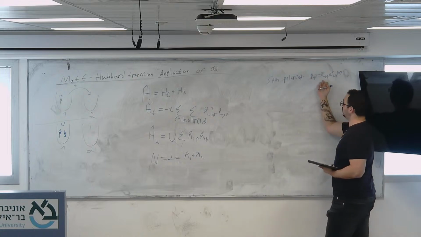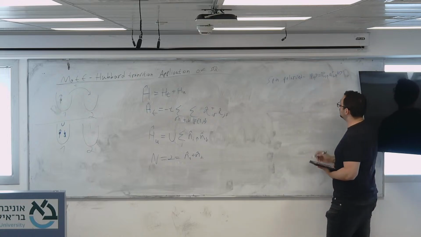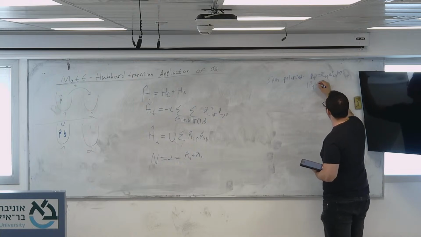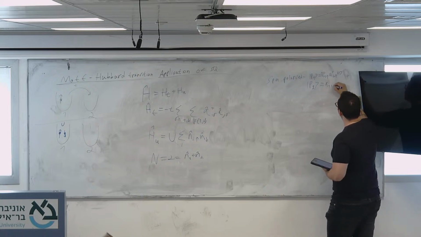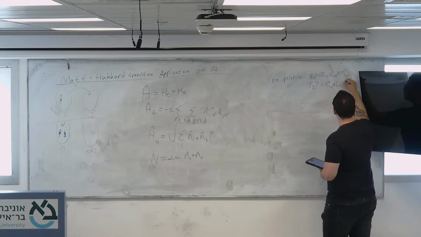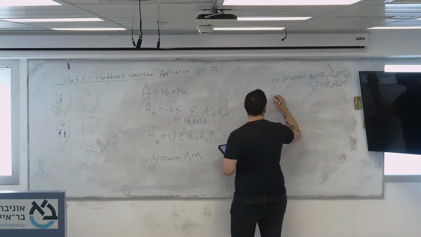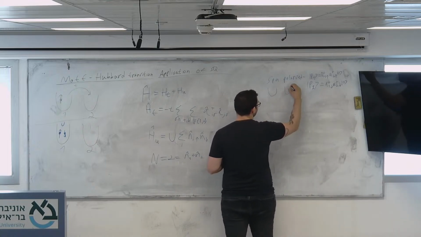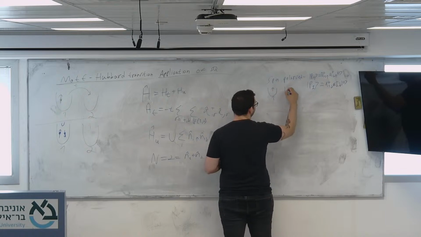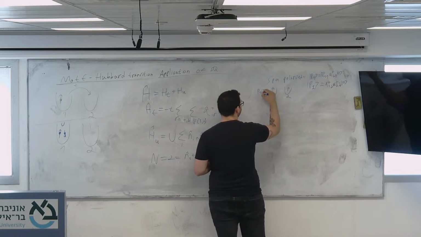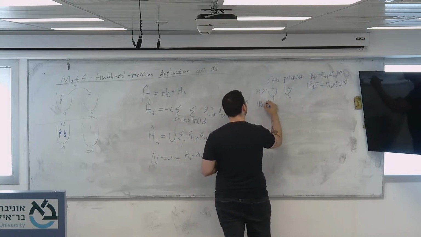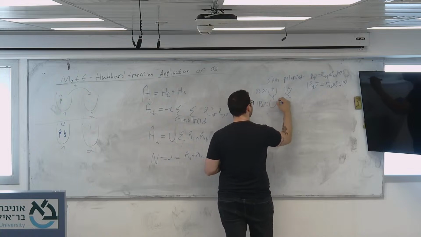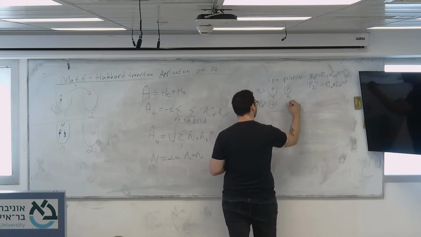Basically, you put two electrons with the same spin into the lattice, and there are two possibilities in the two different lattice spots: up, up, which will be P1, and down, down, which will be P2.